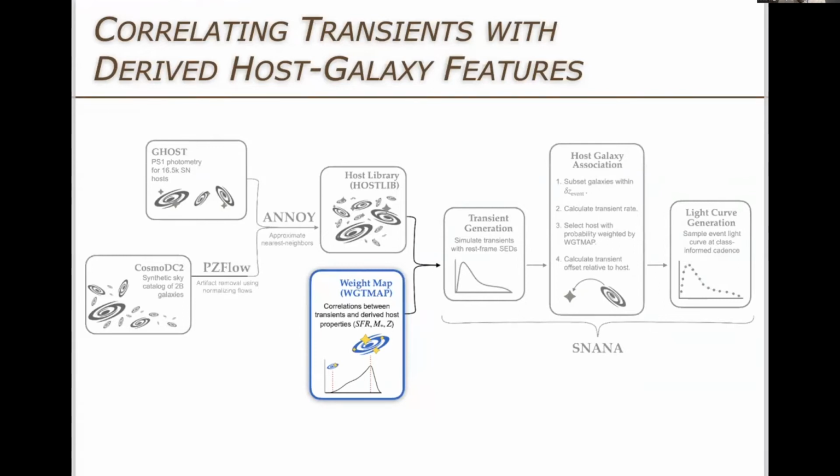This allows us to encode theoretical correlations from literature, as well as correlations with derived properties like host galaxy stellar mass and star formation rate that are not reported in the GHOST catalog. With these two components, the host library and the weight map, we are able to correlate transients with a wide range in host galaxy properties from extremely low redshifts all the way out to redshifts of around 3.